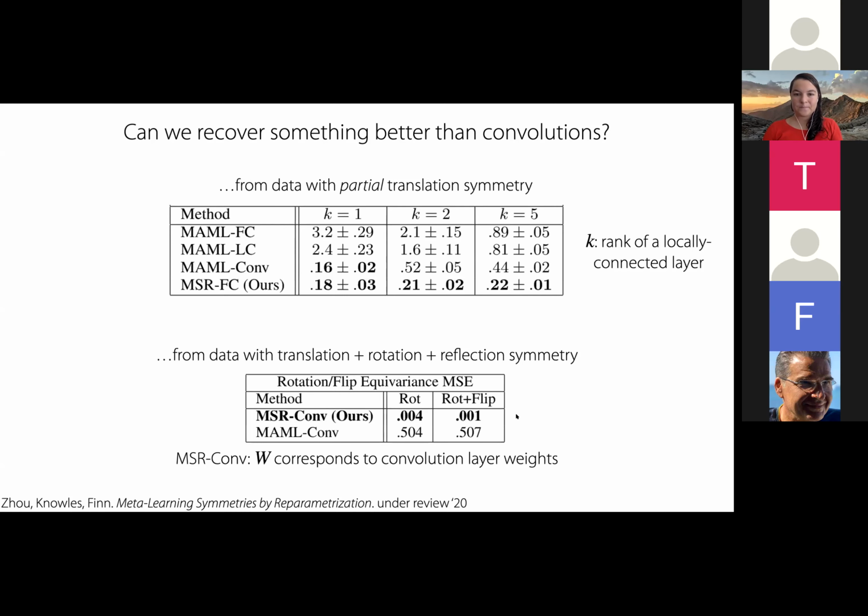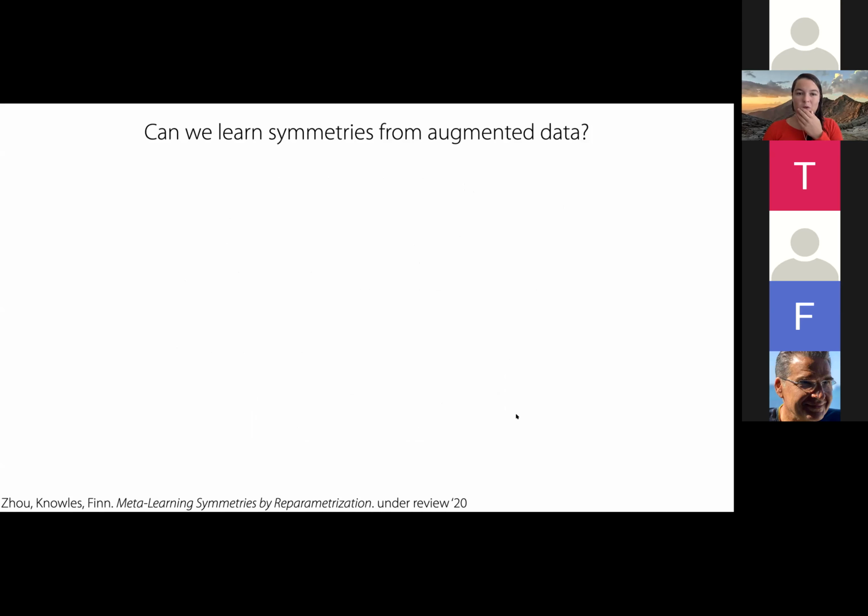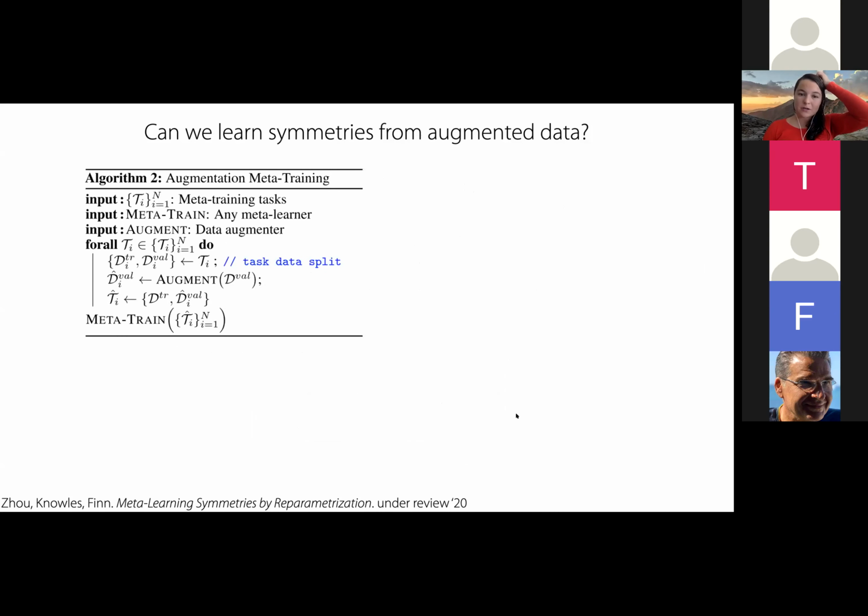Okay, cool. So these were just some experiments with synthetic data. We also looked at one experiment with augmented real data. In particular, what we wanted to understand is if we could build data augmentations into the architecture of a neural network. What this corresponded to is we took a set of meta-training tasks and a data augmenter.